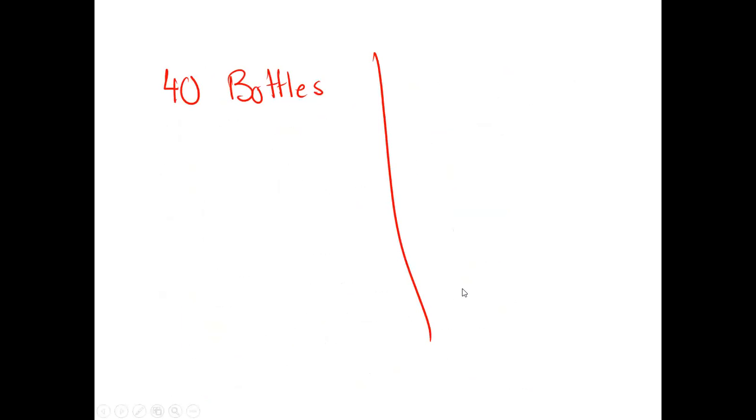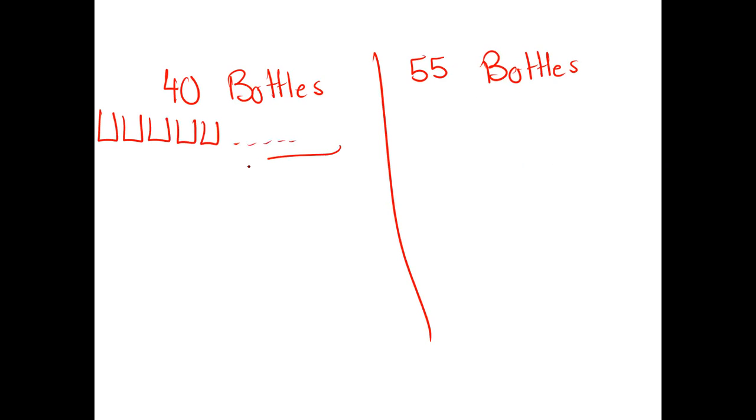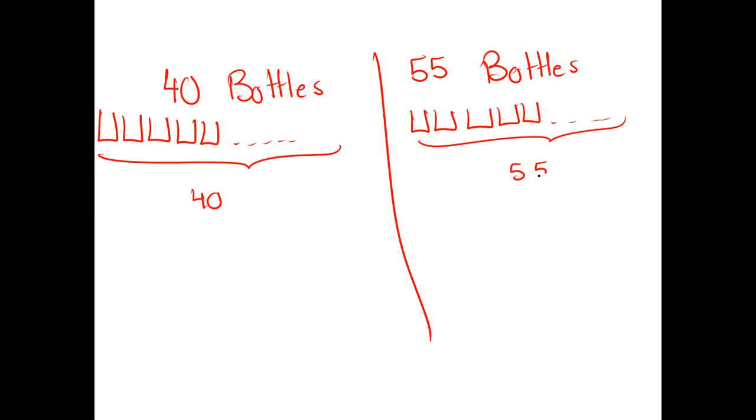Let's draw the figure. عندنا 40 bottles of juice, and 55 bottles. Let's draw these bottles of juice. عندنا 40, 1, 2, 3, 4, 5, and so on. I can't draw 40, so 1, 2, 3, 4, 5, and so on. How much? 55.